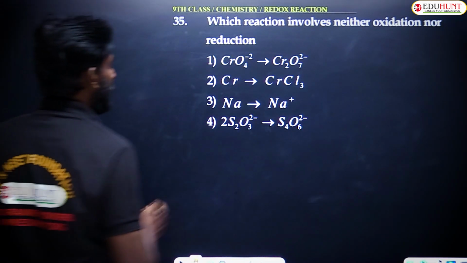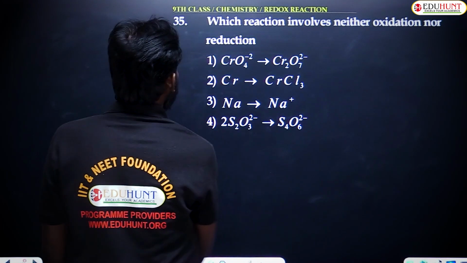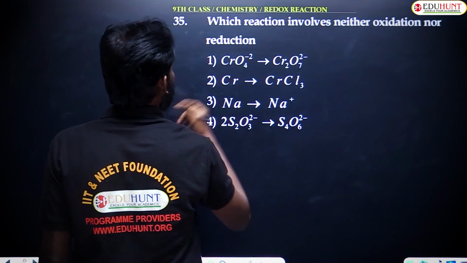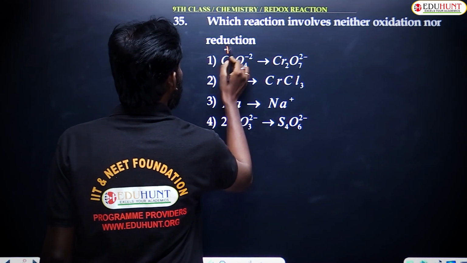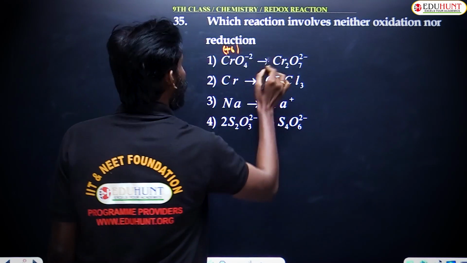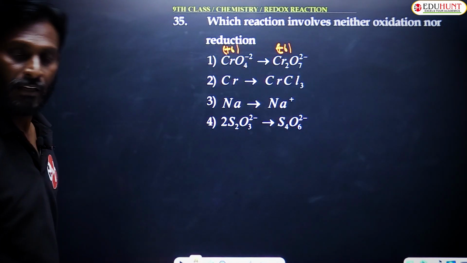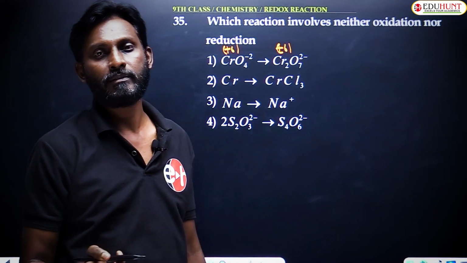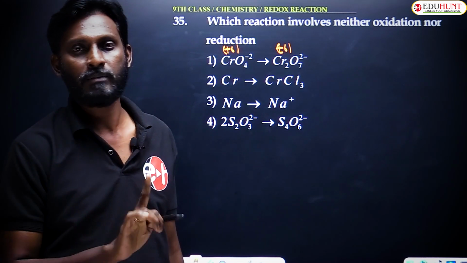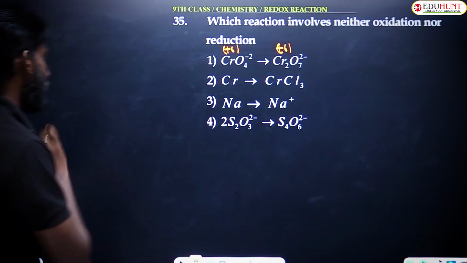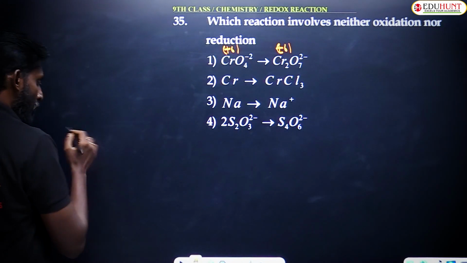Here, this is chromate. In chromate, chromium is in plus 6 state. In dichromate also, chromium is in plus 6 state. In both chromate and dichromate, chromium is in plus 6 state. Sir, how, sir? Once give the structure.